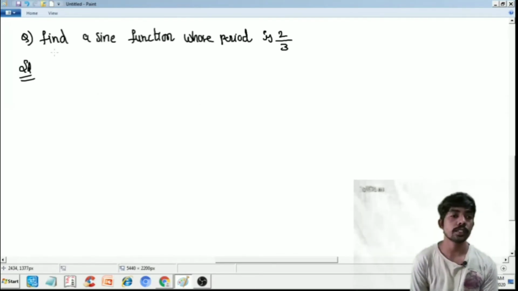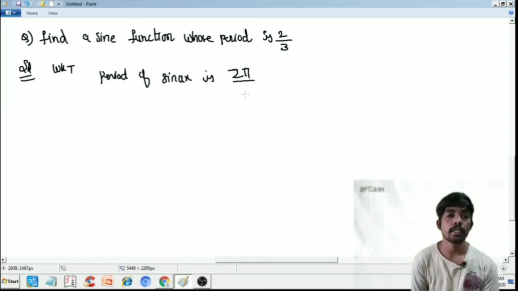Here we have one question. Find a sine function whose period is 2 by 3. First we know that the period of sin ax is 2 pi by modulus a. So here the given period is 2 by 3.